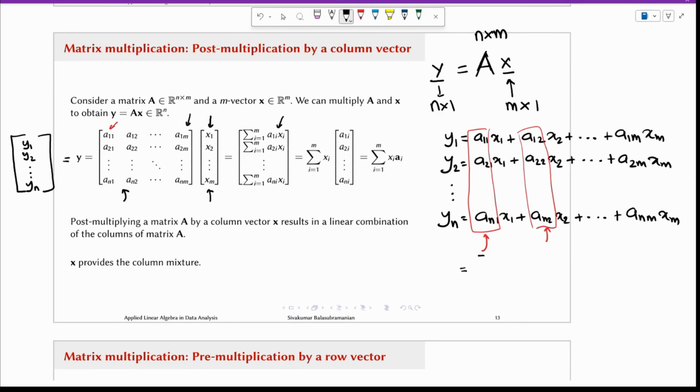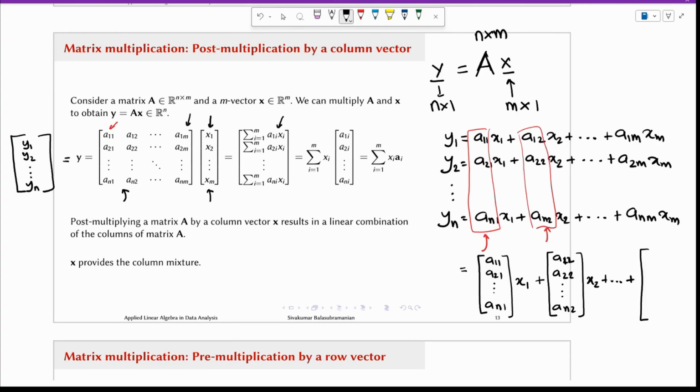You take the first column of A, A11, A21, AN1, multiplied by the scalar X1, and then add. You take the second column, A12, A22, AN2, multiplied by X2.